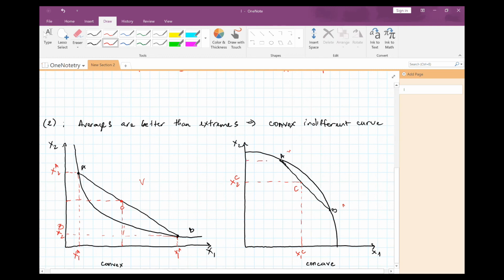In A, where you have again a lot of x2, you're better. Or at B, where you have a lot of x1. Sorry, yeah, that's true. So here it should be x1b. All right. So for that reason, the implication is the indifference curves must be convex.